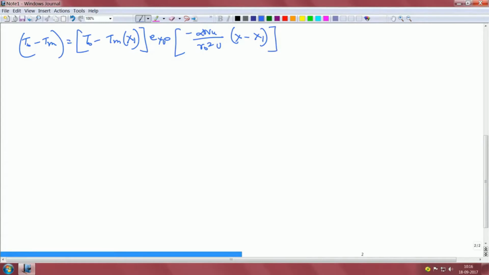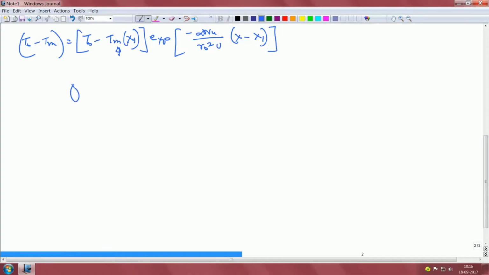Now, using this expression you can see that this is the start, the maximum variation of temperature, the starting point of the fully developed regime. After that you can see that the T naught minus Tm term starts to go down exponentially, because it is exponential minus. That is what is given by this form of the equation.